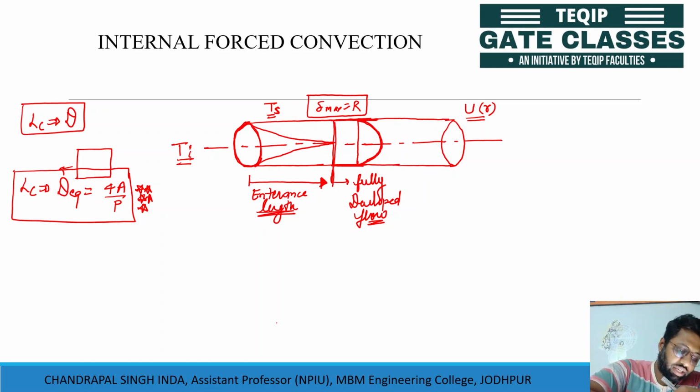If Ts is greater than Ti, the temperature of the fluid, then the fluid is going to gain heat from the wall, so the heat will be transferred in this direction. We will have a temperature profile in this direction: the temperature at the surfaces will be Ts, and at the middle the temperature decreases, like this. So this is the temperature distribution.